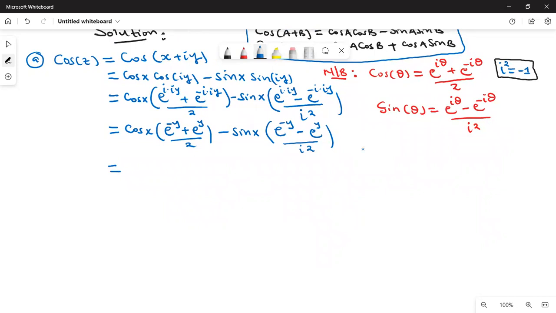This can be rewritten as cosine of x times exponential y plus exponential -y over 2.